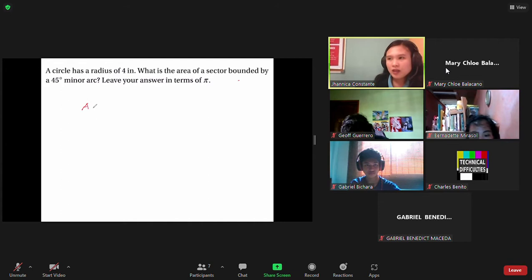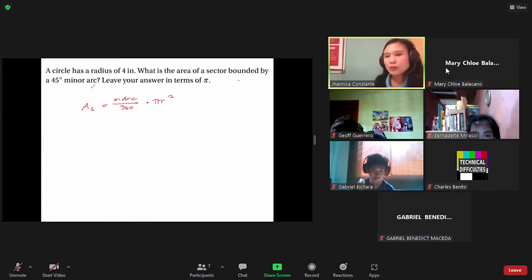So area of sector is equal to the measurement of the arc divided by 360 times the formula for the area of a circle, which is pi r squared.